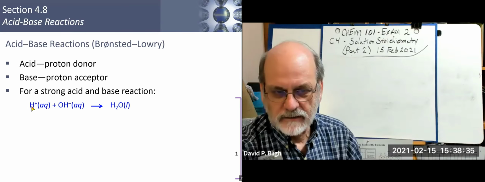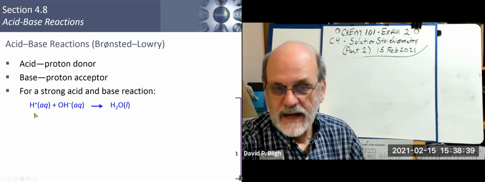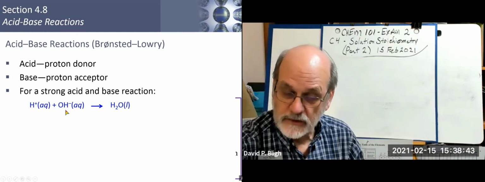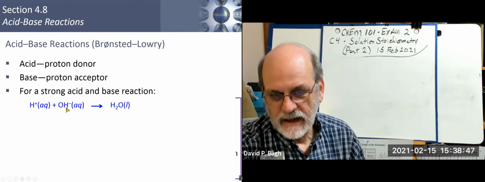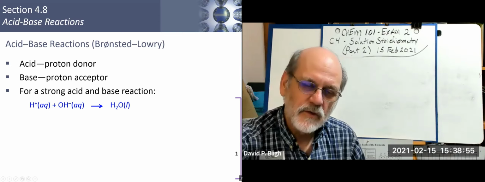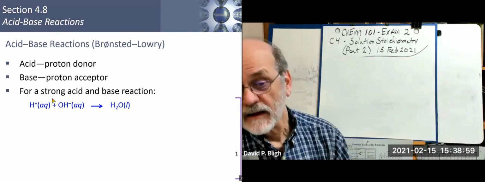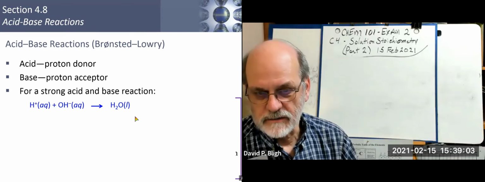So here's your proton, or your hydrogen ion, in solution, and you add a base, in this case, a hydroxyl. This one, the acid was the proton donor, excuse me. This equation is the net ionic equation.